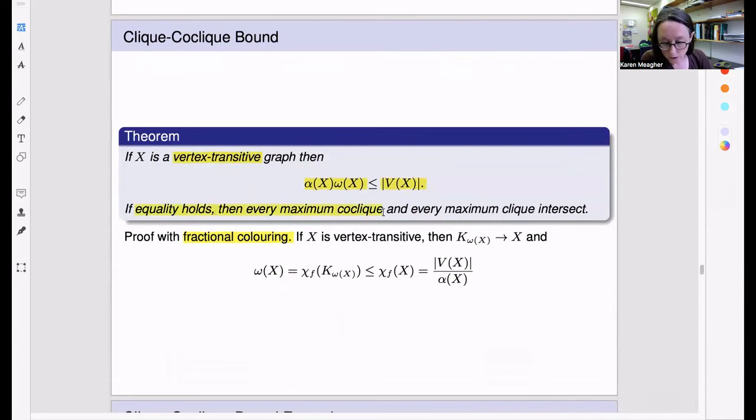And if you have equality, then every maximum co-clique and every maximum clique intersect in exactly one point. A lot of our derangement graphs are vertex transitive because in a lot of the examples, not all, the atoms are all exactly the same, and we can do an automorphism on the atoms that is transitive on the objects.